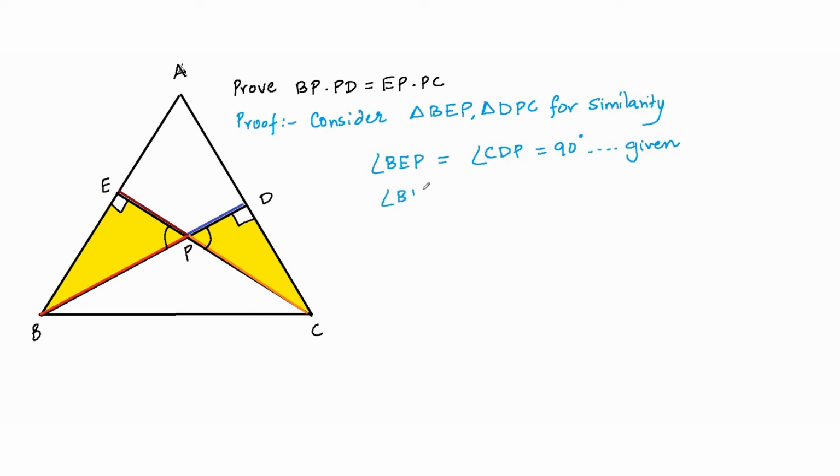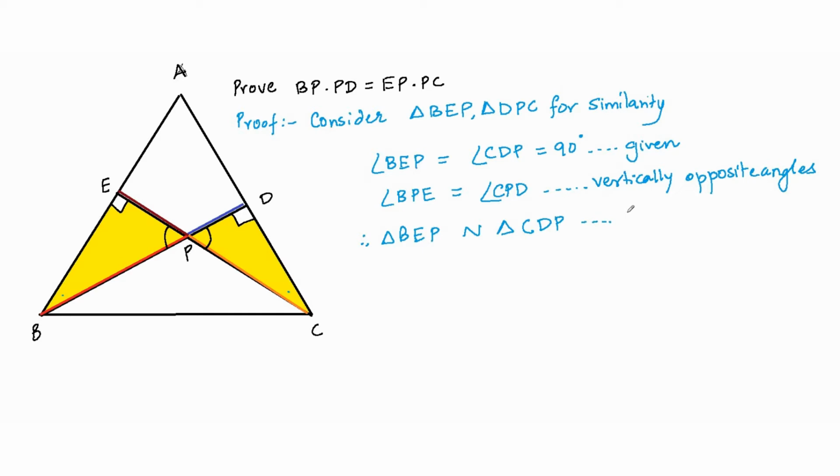And we also know that angle BPE is equal to angle CPD, because these are vertically opposite angles. And therefore, I can say that triangle BEP is similar to triangle CDP, B corresponds to C, then E corresponds to D, by the AA test.